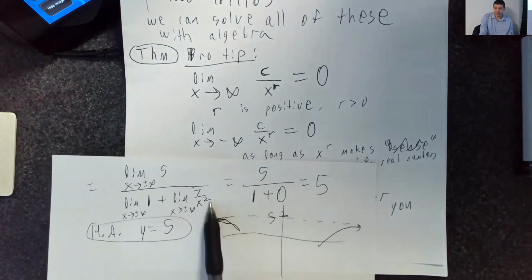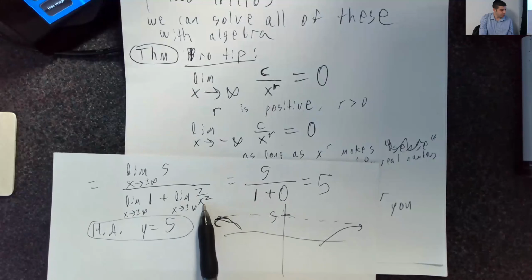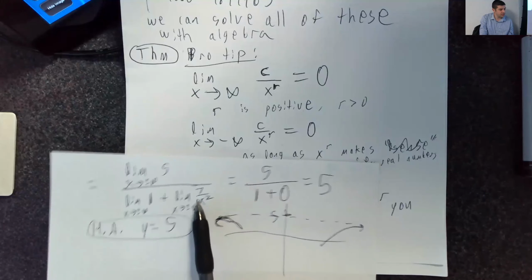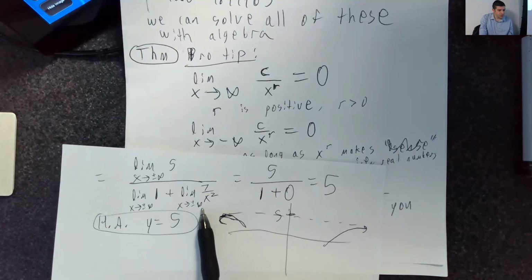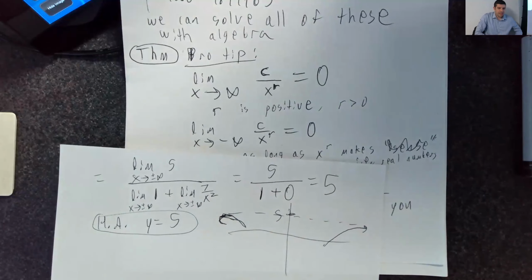Just from algebra, 7 over x squared means x squared is a massive denominator. So it's 7 divided by 1 billion squared, 7 divided by 1 trillion squared. When you're dividing by a more massive number, you're going to 0.